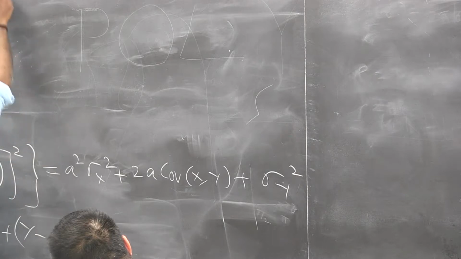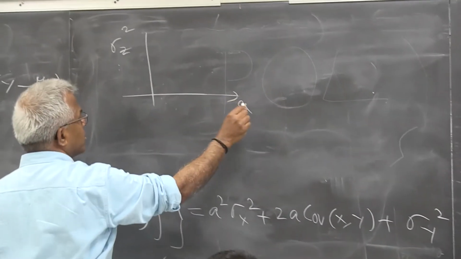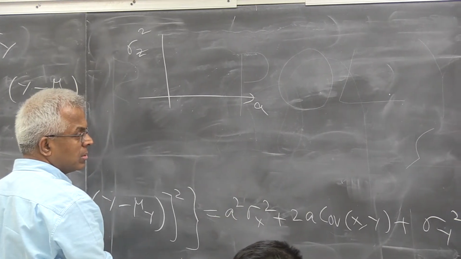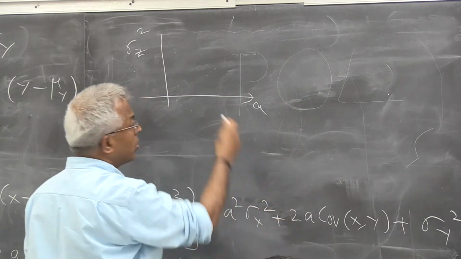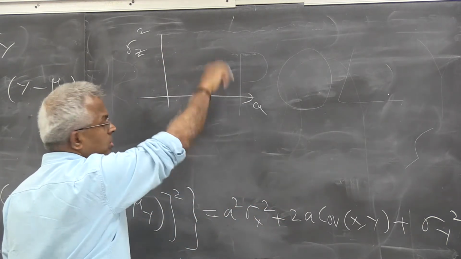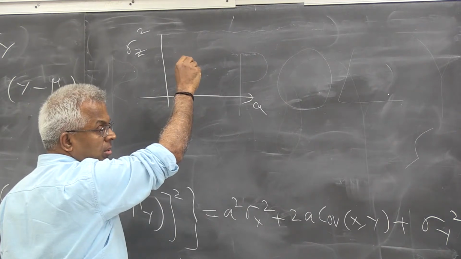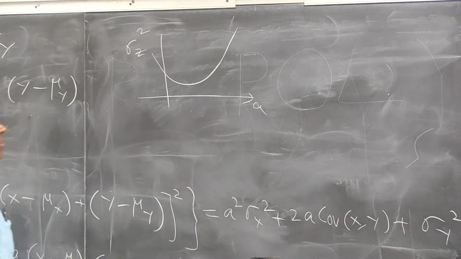Look at this. If you plot this quantity against a, the curve will look like what? Look here, it's a quadratic, a squared. So how will the curve look? Above this or below this? Why above? Anyone know why the curve will go like that?